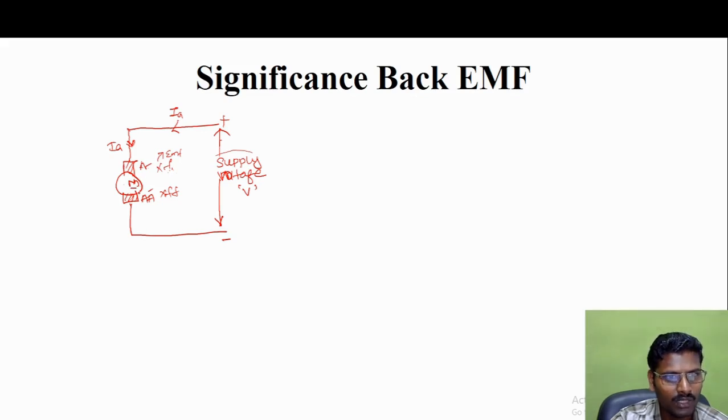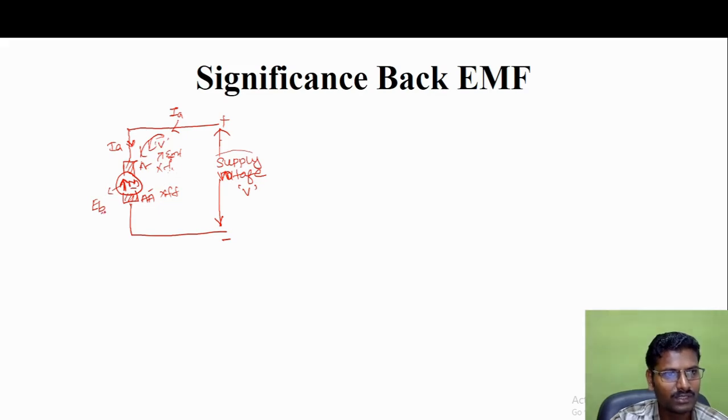So in motor, like generator, due to flux linkages of armature winding and field winding fluxes, an EMF will be induced, and this EMF is known as back EMF EB. The produced back EMF will oppose the supply voltage V, right?